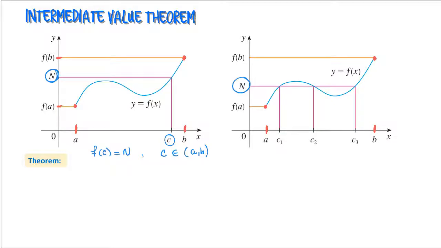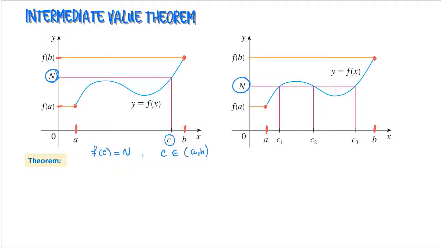And this n is between f of b and f of a. Then because of continuity, the theorem guarantees the existence of at least one c such that f of c is equal to n. But here we have more such c's.